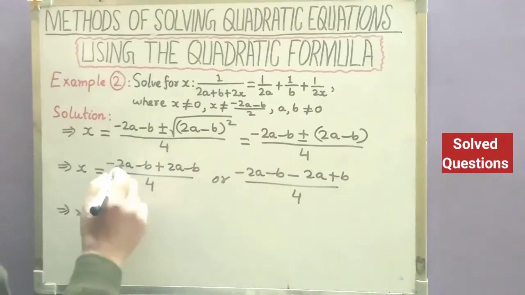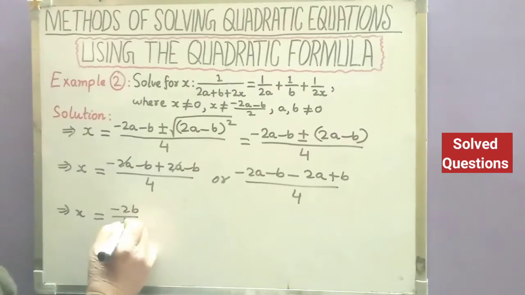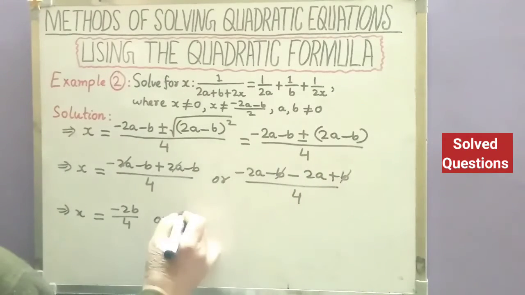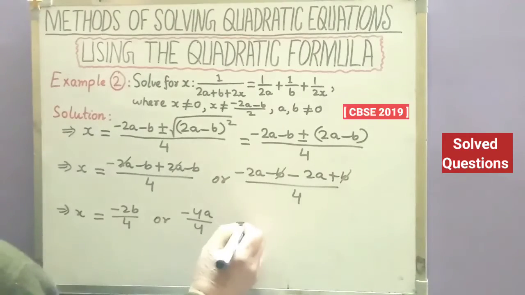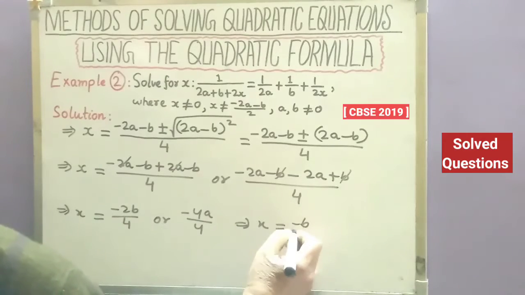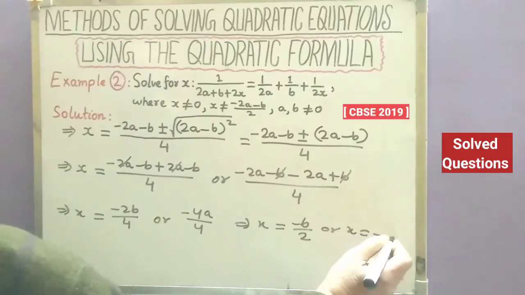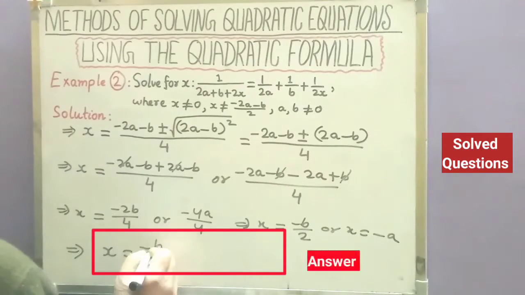That implies that x equal to, 2a minus 2a cancelled, so we get minus 2b upon 4, or b minus b cancelled, minus 4a upon 4. That implies that x equal to minus b upon 2 or x equal to minus a. Hence, the values of x equal to minus b upon 2, minus a.